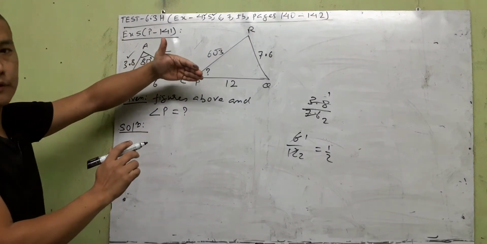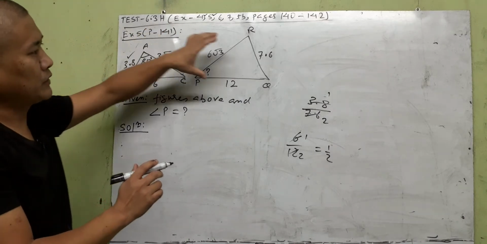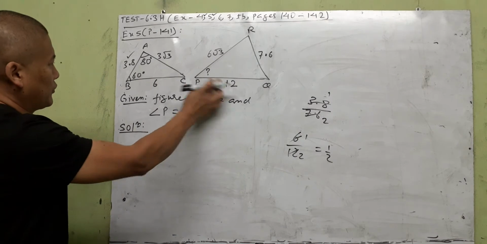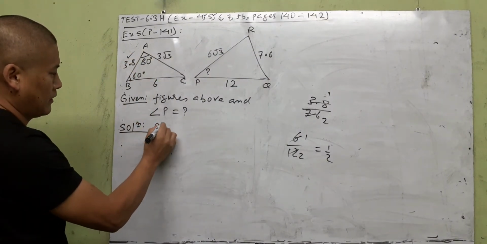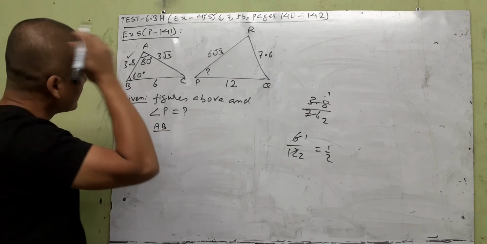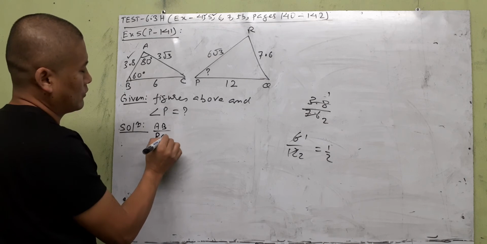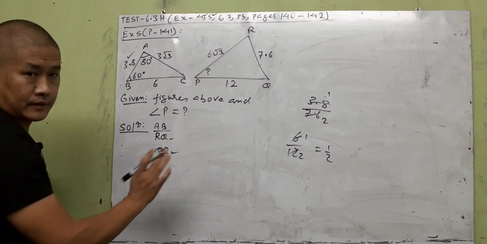The question has not told us, we have to figure out ourselves which side divided by which side will give corresponding sides. So we check 6 by 12 and 3.8 by 7.6, and it seems to be matching. So we start with this. Then 3.8 matching with 7.6, so RQ, or you can also write QR. Whether you write like this or like this, no harm, okay?